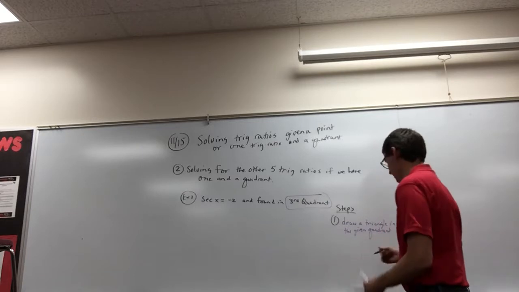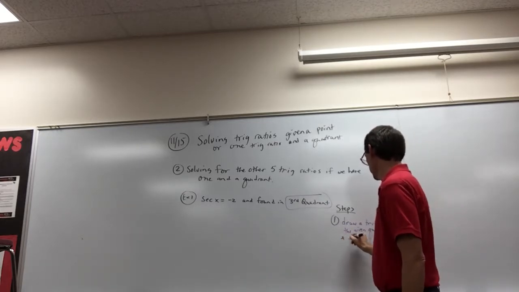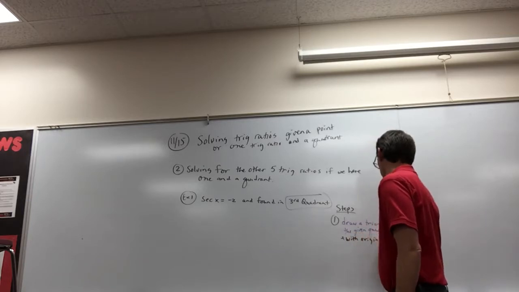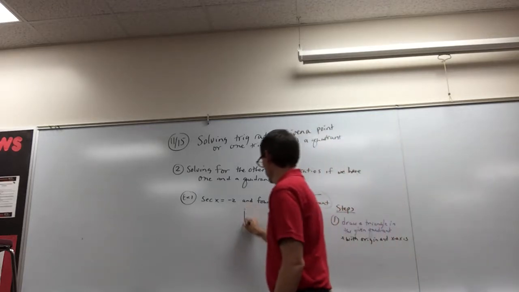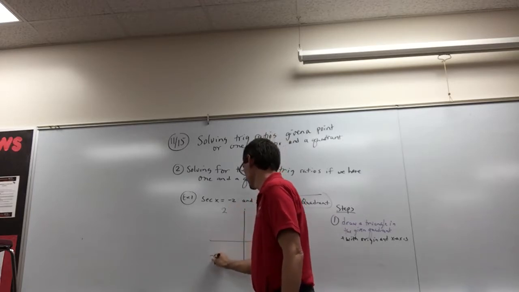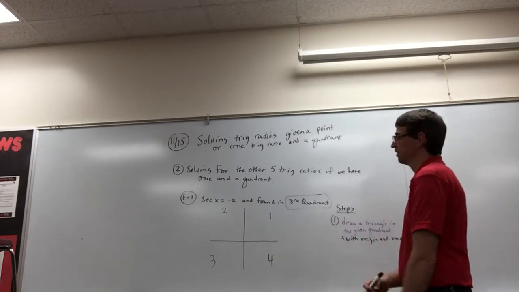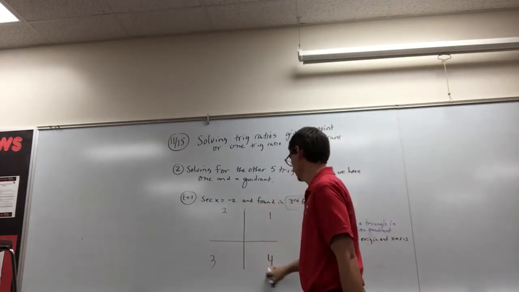And just like when we did this for the last example, you draw it with the origin and the x-axis. So I draw an xy axis. If you've forgotten quadrants, they are numbered from the positive around counterclockwise 1, 2, 3, and 4.